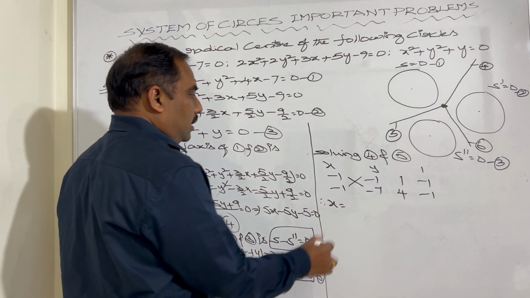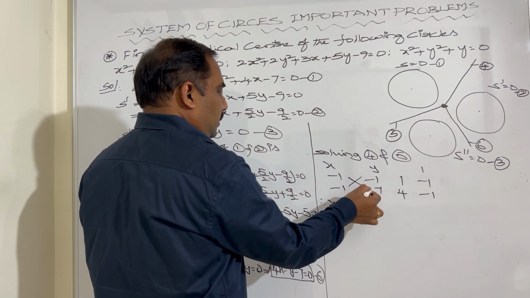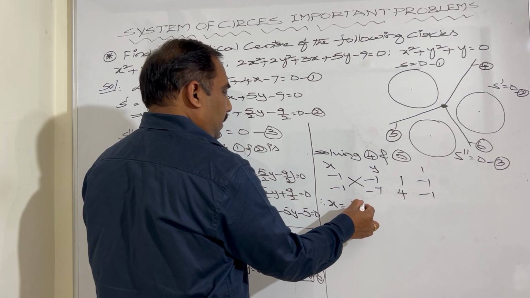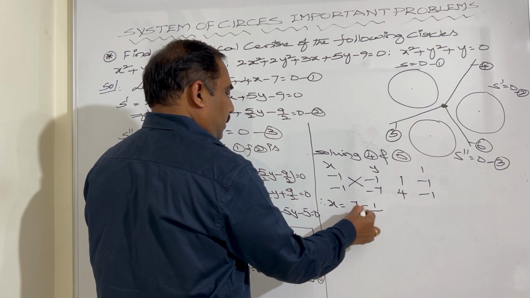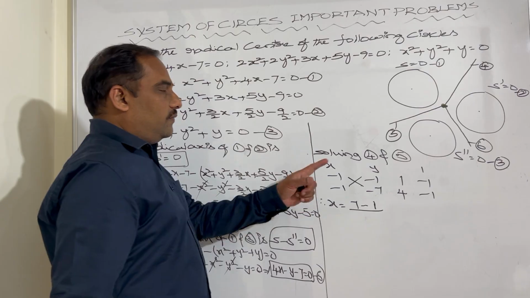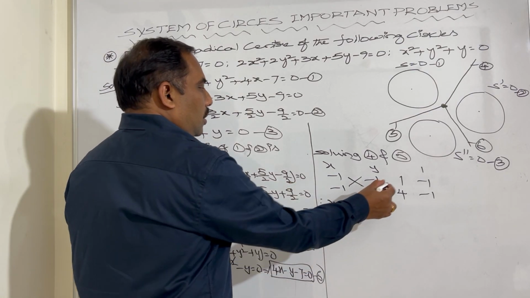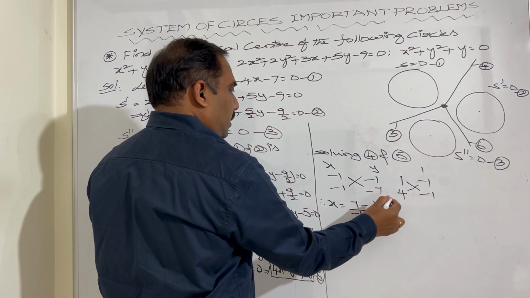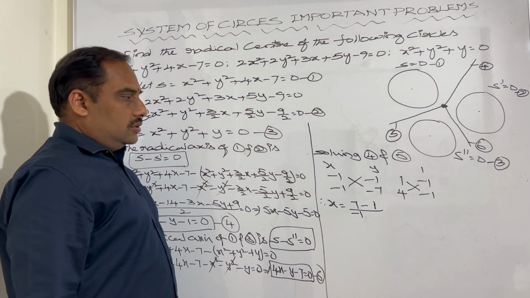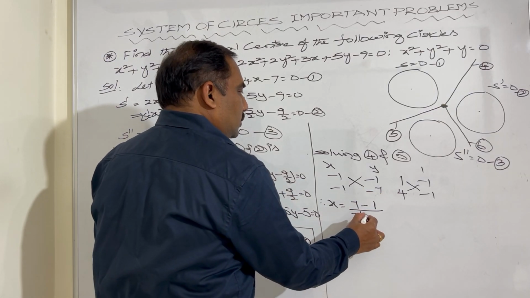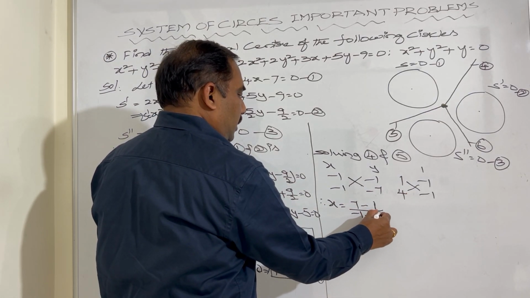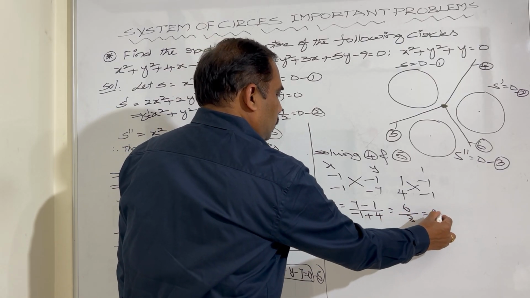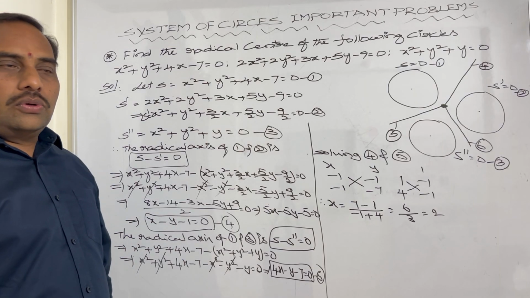So this is minus 7 into minus 1, that is 7, and minus 1 into minus 1, that is plus 1. So x is equal to minus 1 whole divided by minus of plus 1. Here this is 1 into minus 1, which is minus 1, and minus 1 into 4, so that is minus 4. Actually minus is there, so here plus 4. So this is 6 by 3, so we get x is equal to 2.